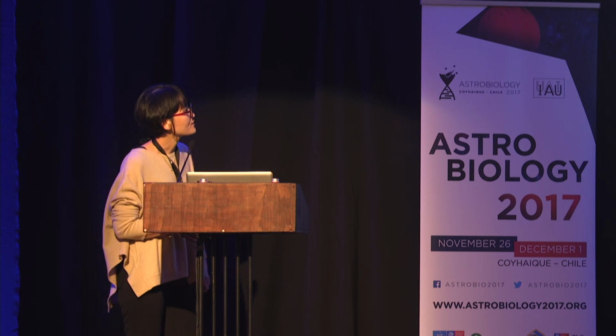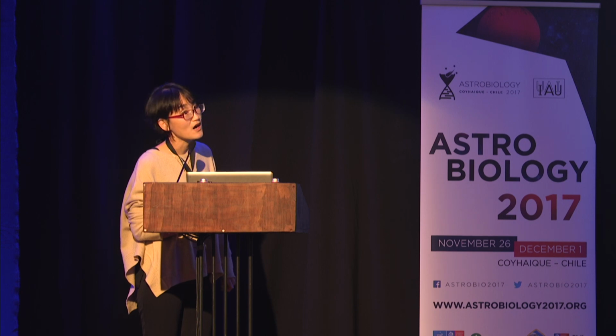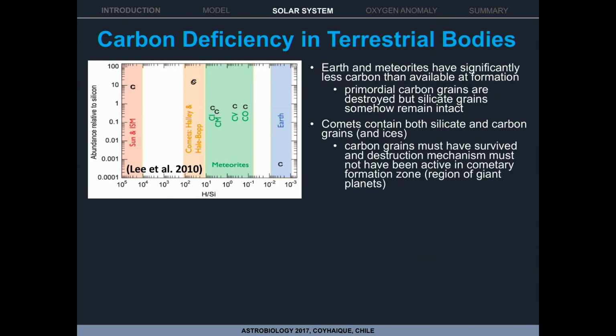This figure describes the dramatic gradient in the amount of carbon relative to silicon incorporated into the Earth, meteorites, and comets. Unlike comets, the Earth has 3 orders of magnitude less carbon compared to the interstellar values.